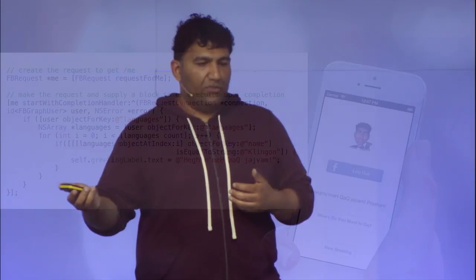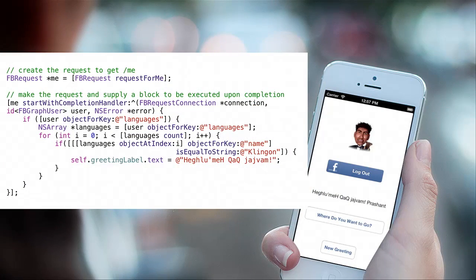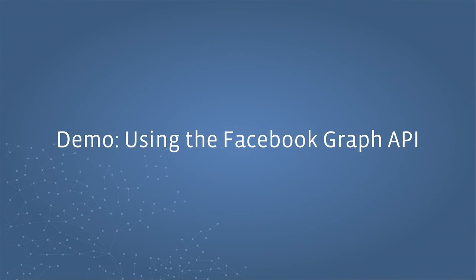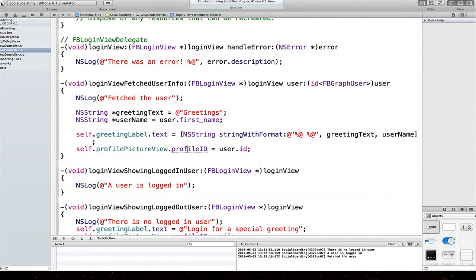With that information, you can then get a JSON representation of the user and see the languages that they speak. Once you have that information, you can execute a Graph API request on the user, iterate over the result, look for the languages key, and see what languages they speak. So let's go to the demo machine really quickly and take a look at this in action.